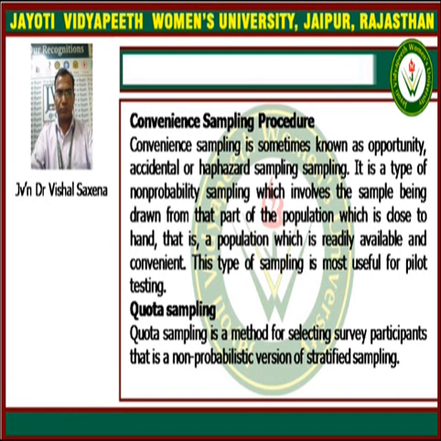Next is quota sampling. Quota sampling is a method for selecting survey participants, which is a non-probabilistic version of stratified sampling. So it is a different type of non-probabilistic sampling, and it may be useful just for the selection of survey participants.